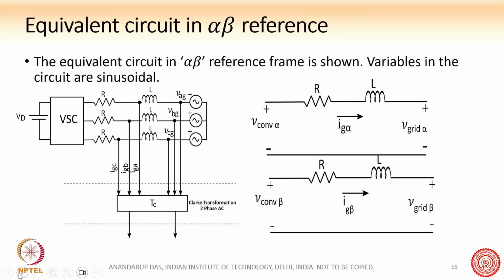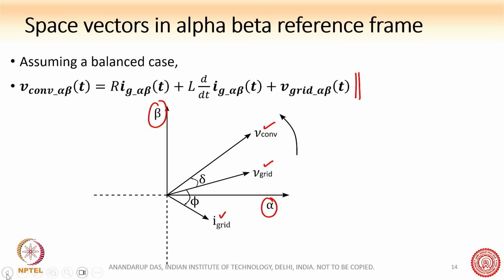And what is the equivalent circuit in the alpha beta reference frame? The space vector has been compressed, so there are two equations here. One is V conv alpha and one is V conv beta.